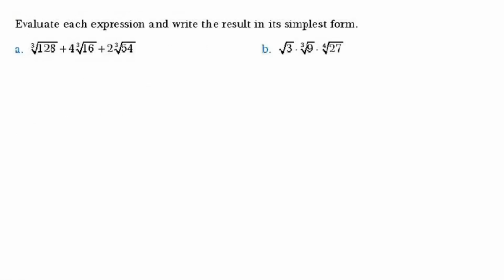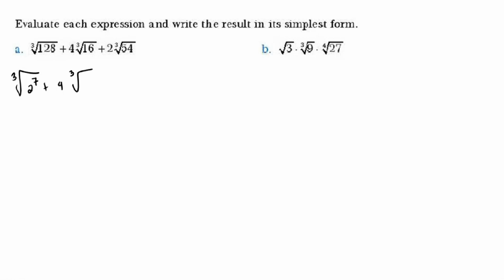So let's try. We have the cube root of 128, and 128 can be written in exponential form as 2 raised to 7. So I can write here now the cube root of 2 raised to 7 plus 4 times the cube root of 16.